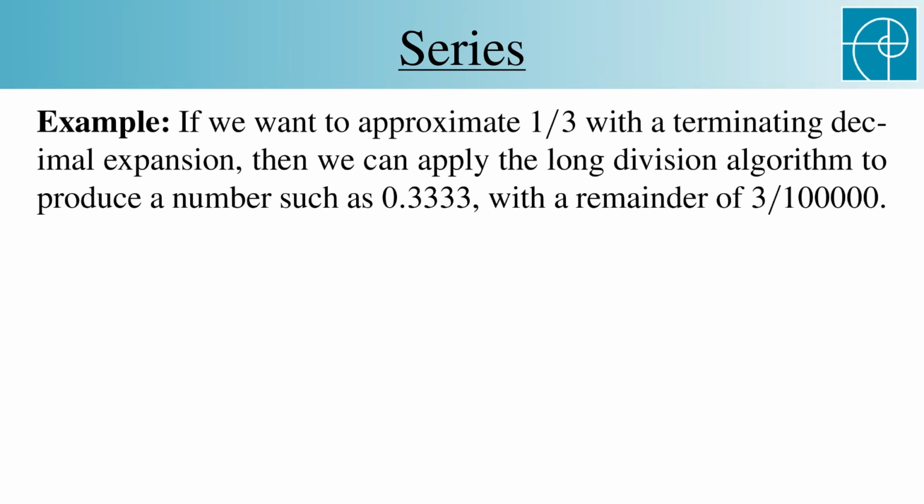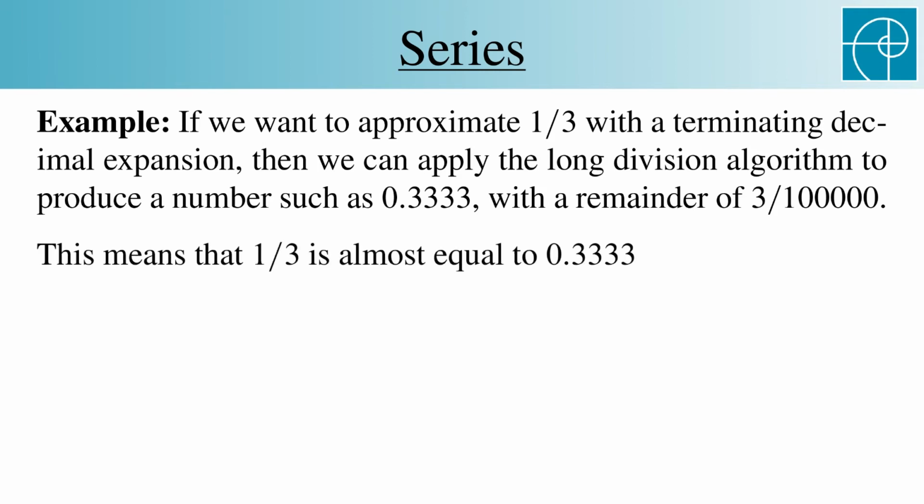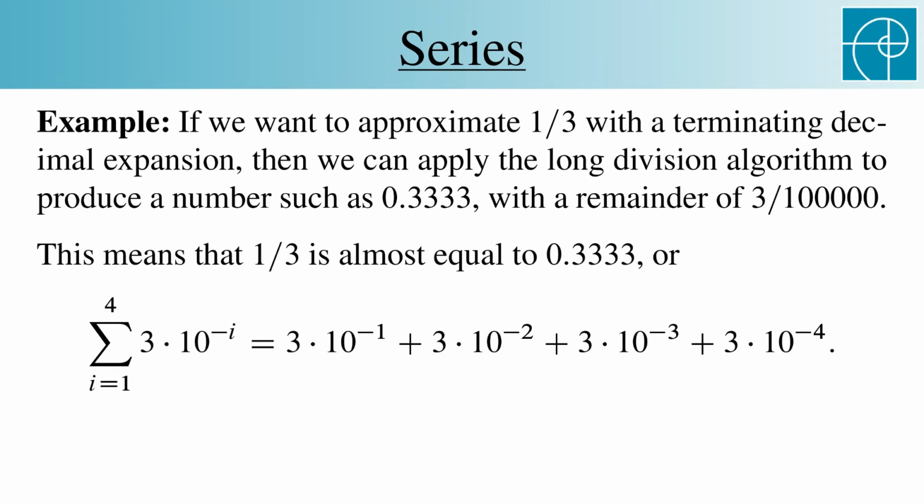If we want to approximate 1/3 with a terminating decimal expansion, then we can apply the long division algorithm to produce a number such as 0.3333 with a remainder of 3 over 100,000. This means that 1/3 is almost equal to 0.3333, which we can express as this finite sum.